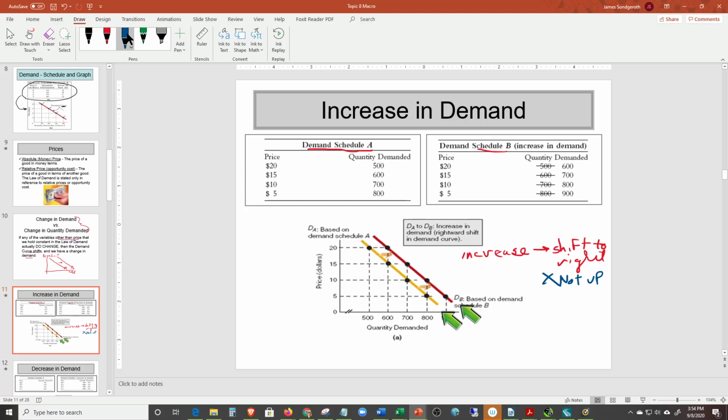So not up, even though up would work fine here, but a shift to the right. And then they will talk about a decrease being a shift to the left, and not down. And the reason for this is not the demand curve, but the supply curve.